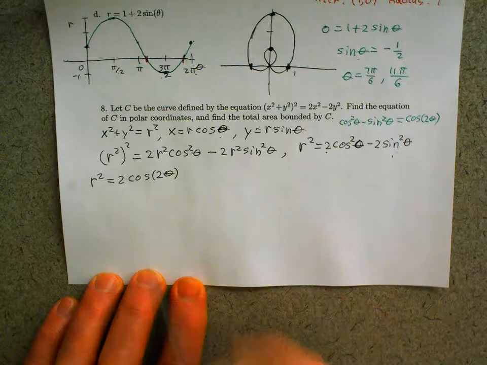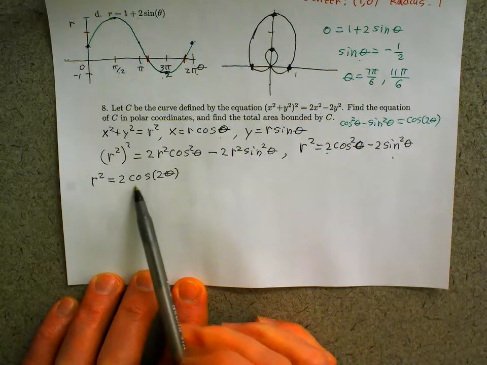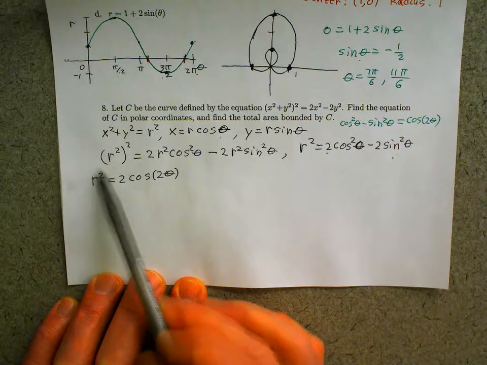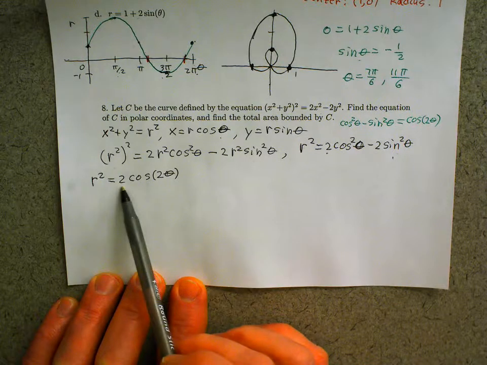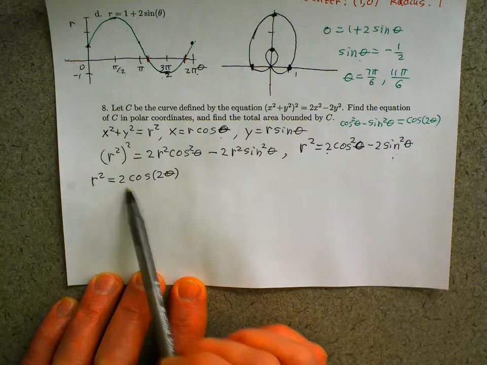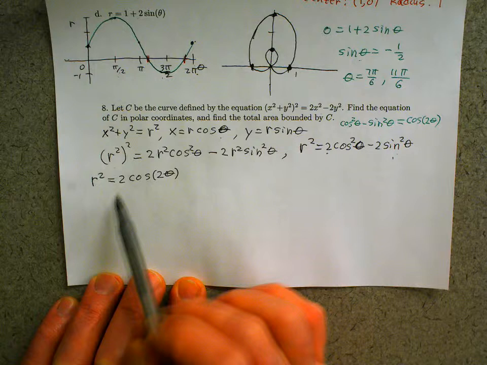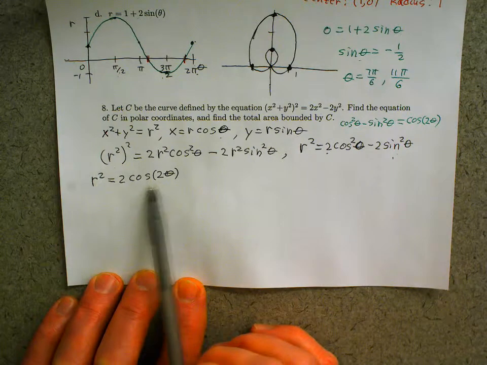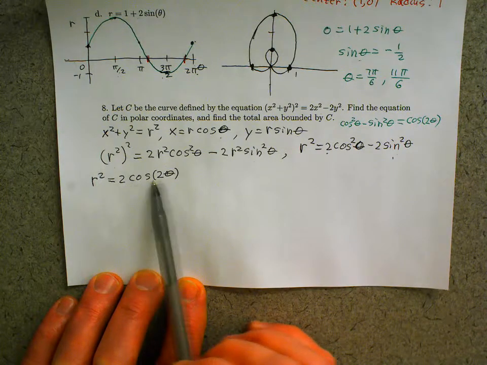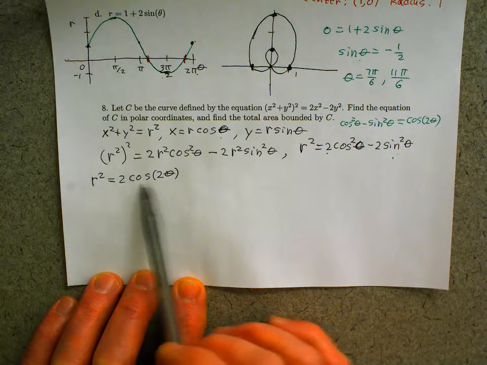Okay, notice that r squared has to be greater than or equal to 0, but it's defined by 2 times cosine of 2 theta. And we know that if we were just to graph r equals 2 times cosine of 2 theta, in some places it's negative.